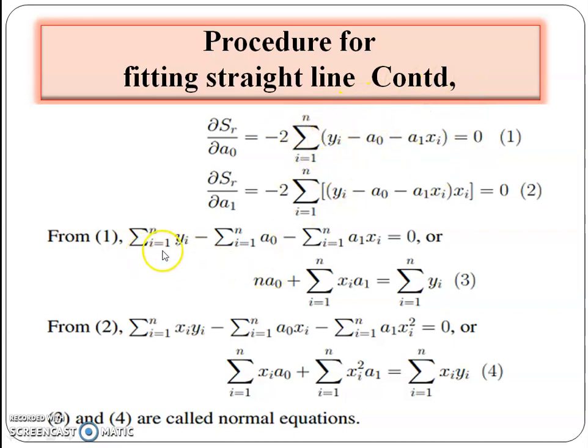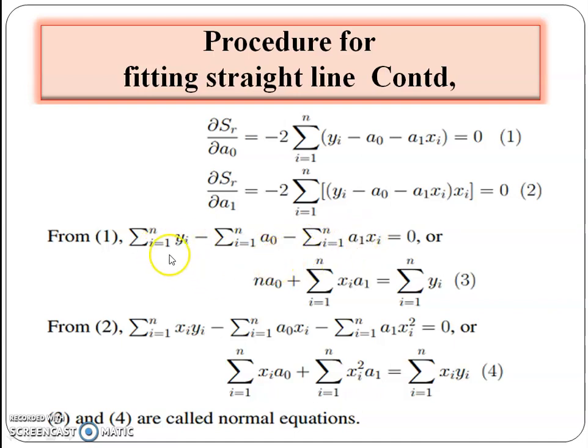Taking the summation inside, it becomes the summation of yi minus the summation of a0 minus the summation of a1xi equal to 0. The summation is only for xi and yi, because both are variables, not for the constants a0 and a1. a0 and a1 are constants, so they are independent of the summation.